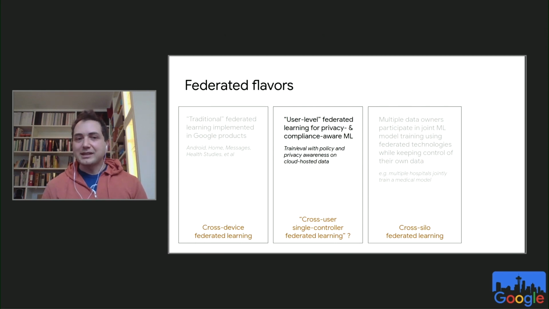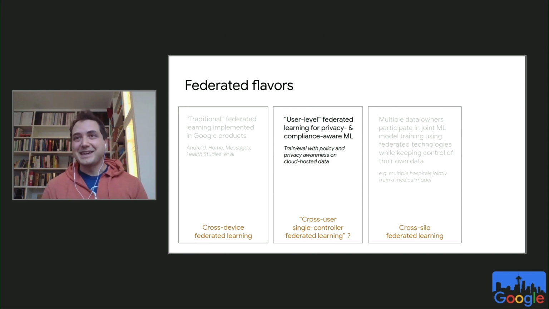Sometimes that data actually has policy or compliance reasons to be processed in a particular location, say to stay in the country that it came from, for example. And so we're really interested in being able to have machine learning frameworks that honor those policy constraints on data locality and also offer the same privacy guarantees we get in cross-device FL. And so your input on the name here would be great.